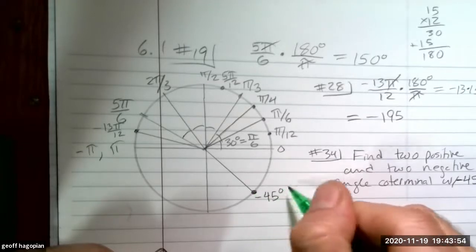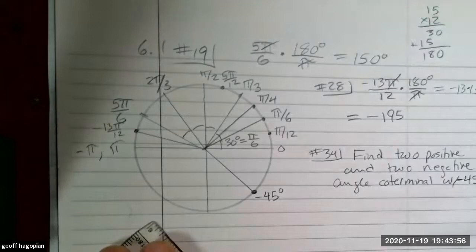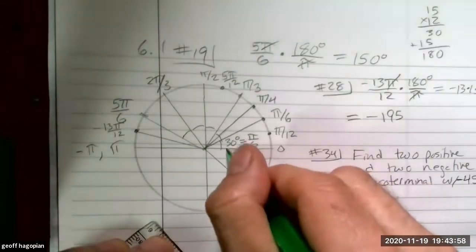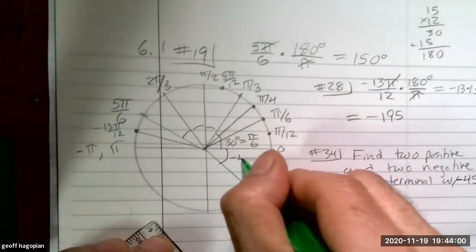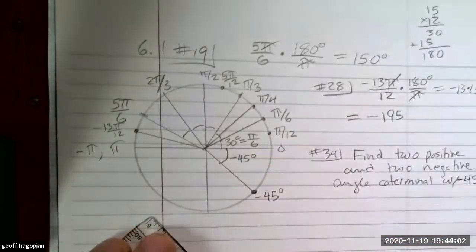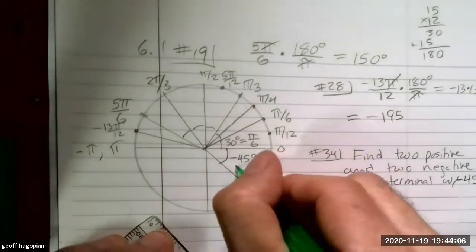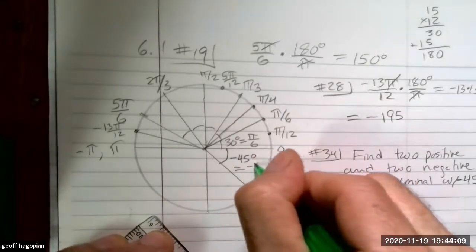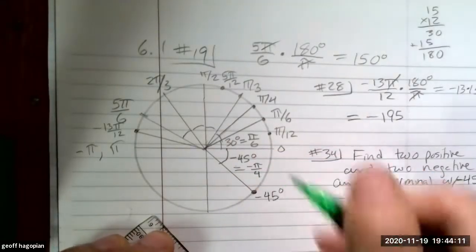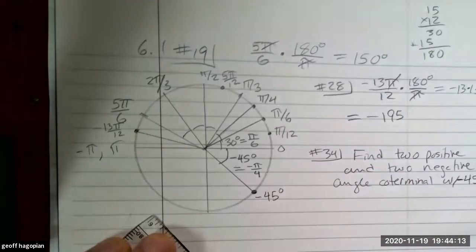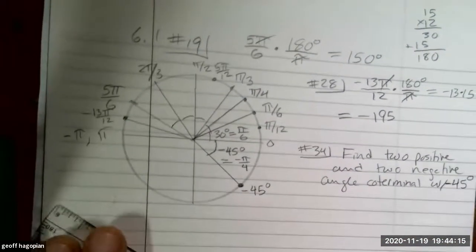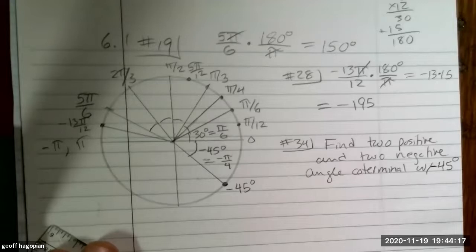So I sort of mark the point with the degree measure. All right, so that's a negative 45 degree angle there, which is equal to negative pi over 4, right, in radian measure. And so what's coterminal with that?